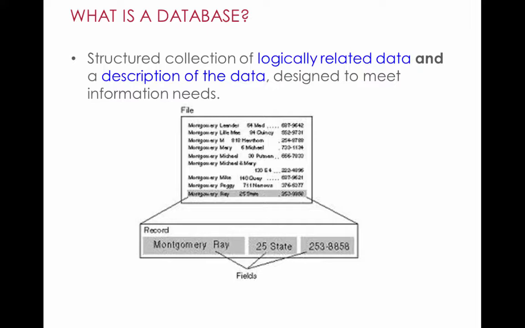So if we think about a database like storing data from a form, then each copy of the form you would think about as kind of like a row in the table. So the form design is the table, and each copy of it is a row. Formally, we call that a record.